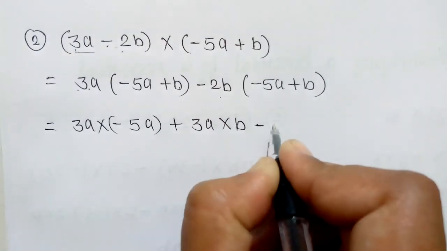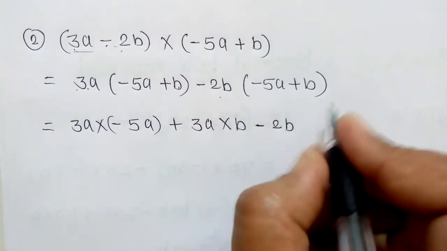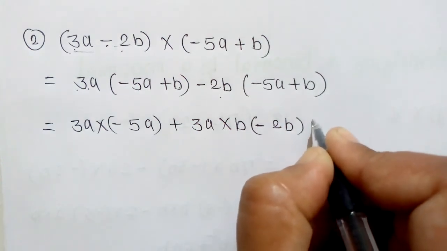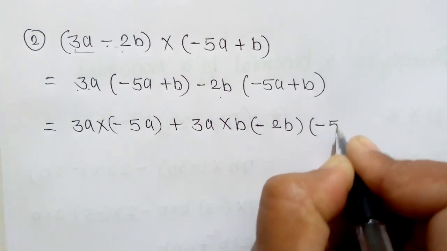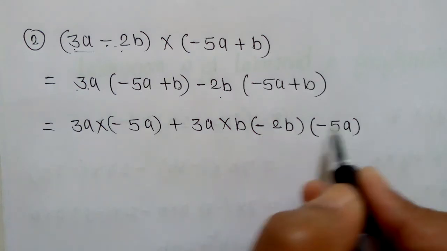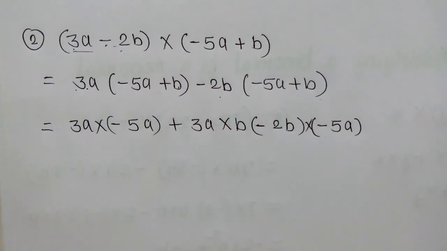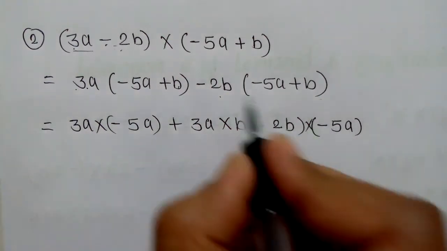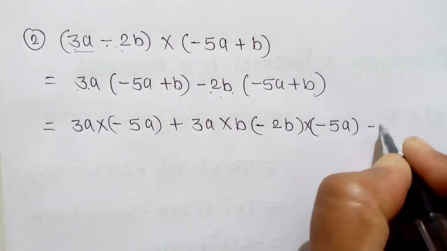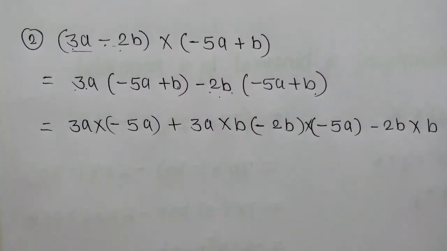So it will be negative 2b multiplied by this negative 5a. So we will put brackets because both are having negative sign. See here I have not given a multiplication sign. Even then multiplication is there. If the sign is not there or if the sign is there, we have to multiply them either way. Now this negative 2b and b. So here it will be negative 2b into b. It looks big but it is very simple.